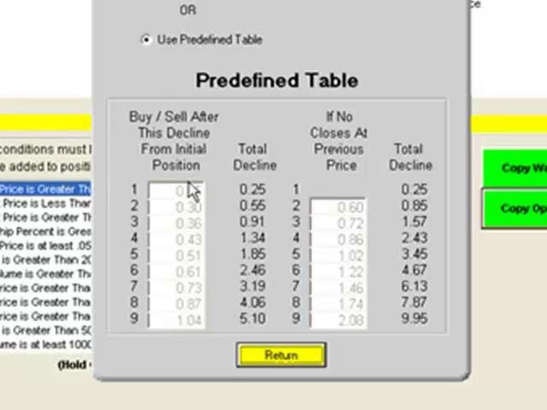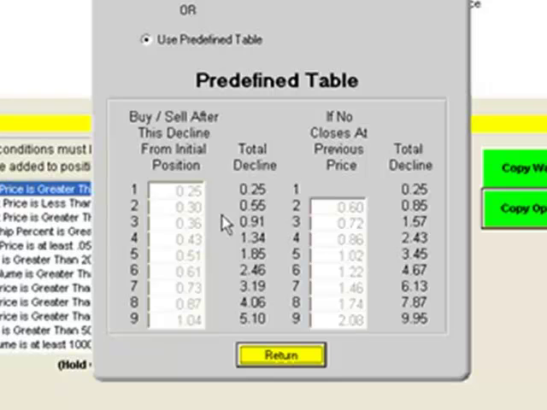So if the stock goes down $0.25, and these rules all pass, your position will get added to. Now once you already own additional shares, say you were trading in 100 share lots and now you own 200 shares, if the stock goes down an additional 30 cents, then the automated trader will look to see if the rules passed, and if they did, it'll buy more.